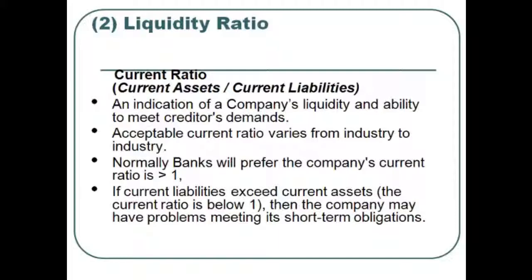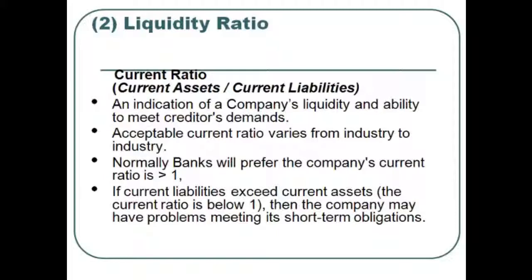Current means a very short period of time in which you can get your money back. You can collect your debt from your customers, called debtors, or you can sell your stock and convert your stock into cash. That's why it's called current asset.